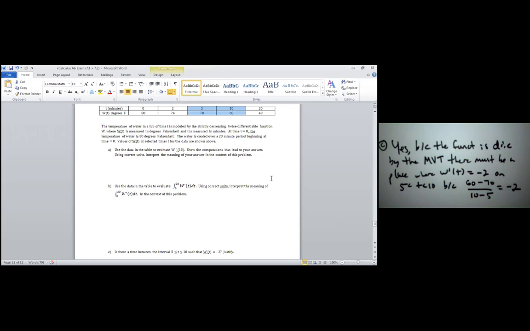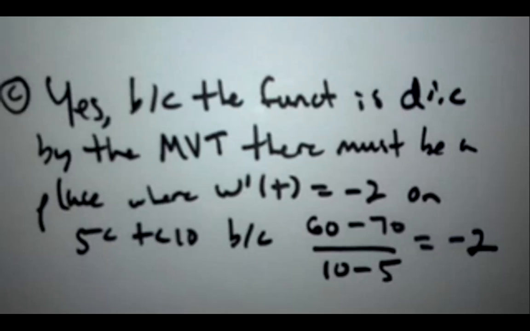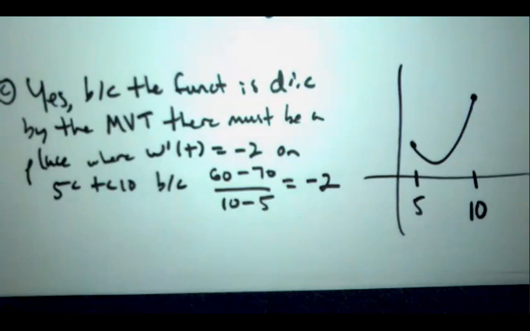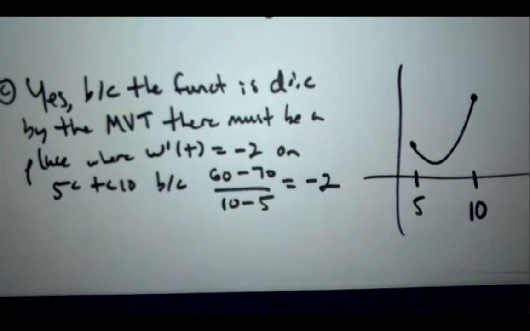Okay. All right, so to better explain that, here's all they're saying. Pretend this is the graph, and they're asking you from 5 to 10. And it says, is there a time on 5 to 10 where the tangent slope is -2?